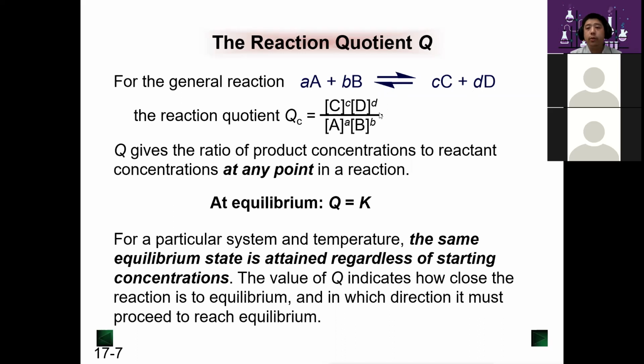Okay, so really quickly, the reaction quotient Q is what we use for whatever condition we have at that moment, because we're never always at equilibrium.